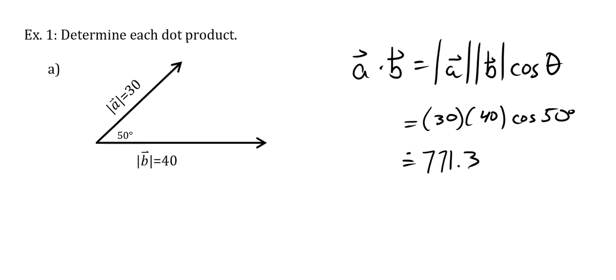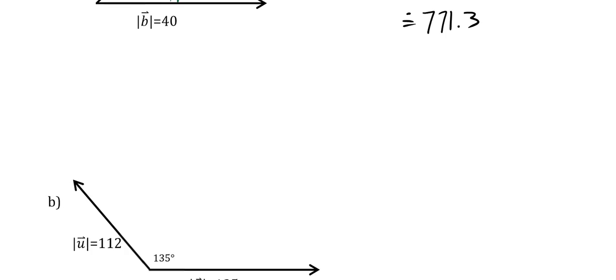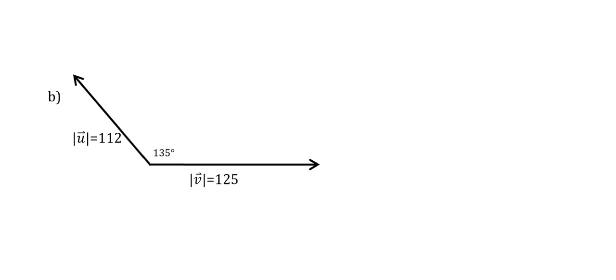So 30 times 40 would be 1200. That's the biggest boost you're going to get. We're getting a portion of that, because the projection is not as big. Does that make sense? See how this all works? I hope it's starting to give you a bit of a visual. No units. There could be units if it was centimeters or something like that, I guess, but in this case we don't.